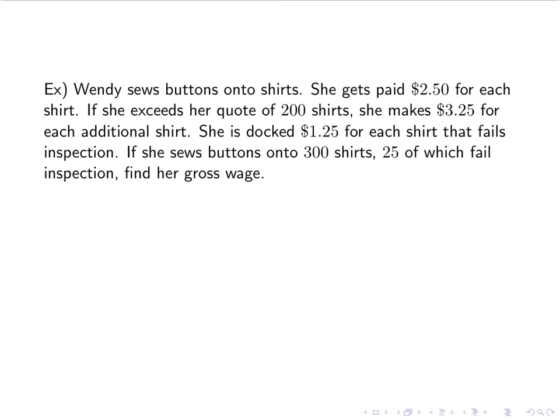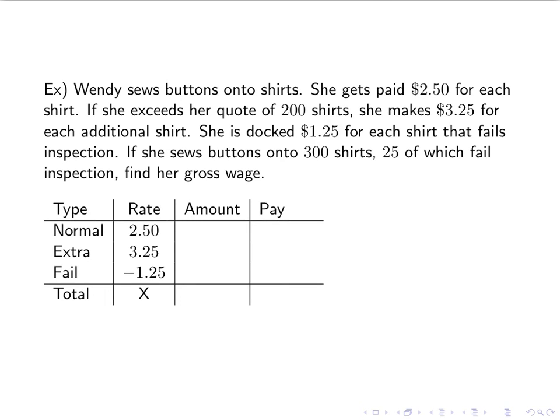So again, I've got a couple different things going on, so I'm going to make a table. I have the normal rate, the rate she makes for extra shirts, and then the rate that she has if she fails inspection. So the normal is $2.50, the extra is the $3.25, and the failing is again a negative $1.25. To find the amount, we start with the total. We know how much fails inspection, 25.